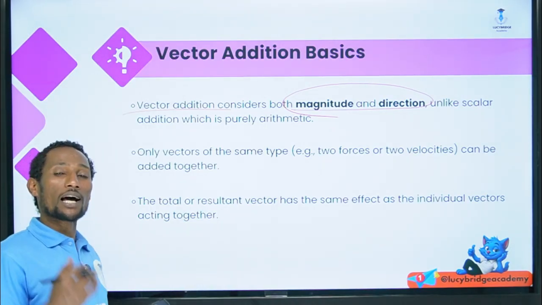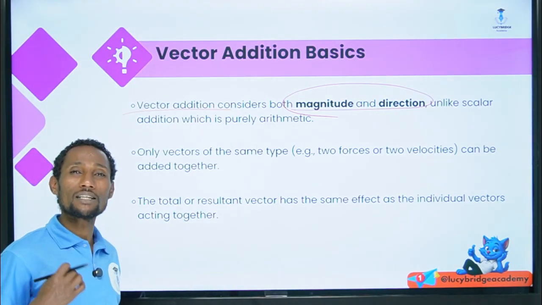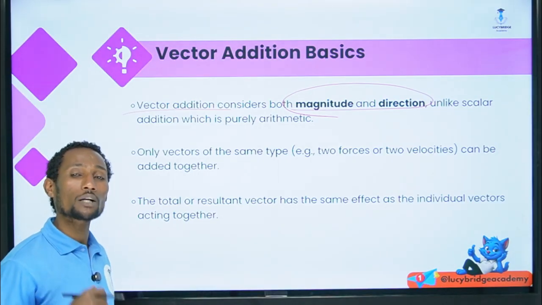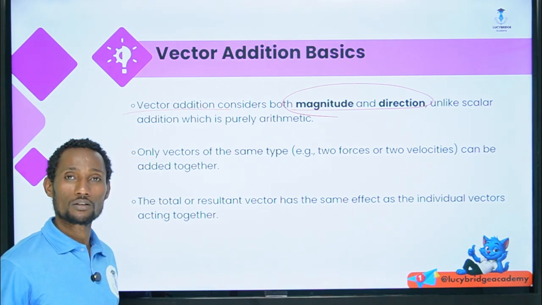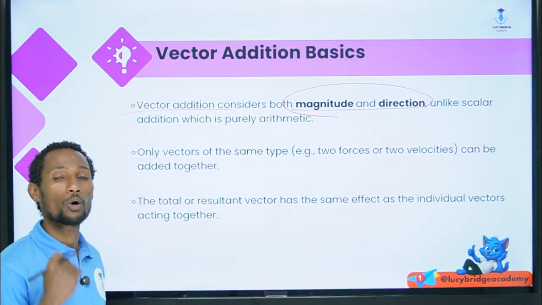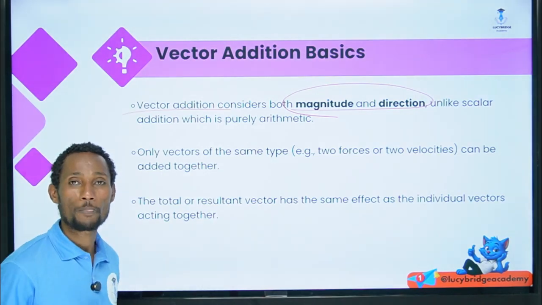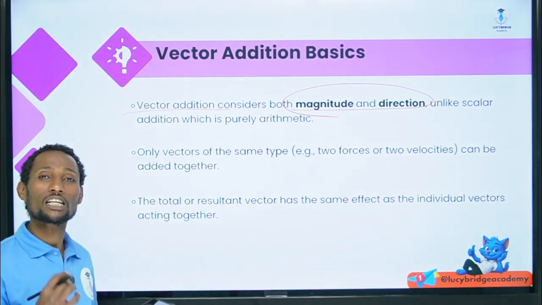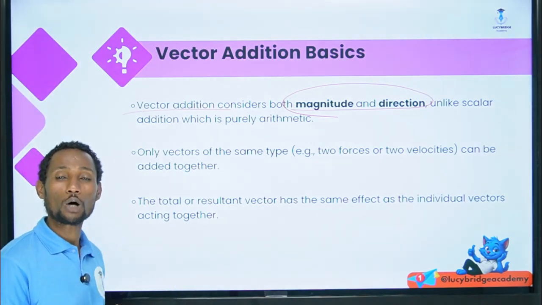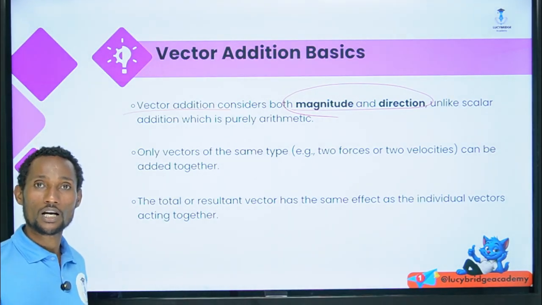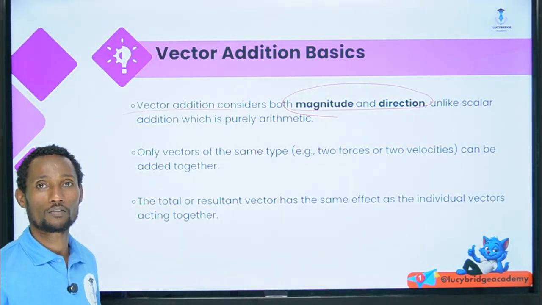Unlike scalars, we cannot simply add, subtract or multiply vectors without considering their basic phenomena. So we have to consider how to add, subtract or multiply vectors having different phenomena.